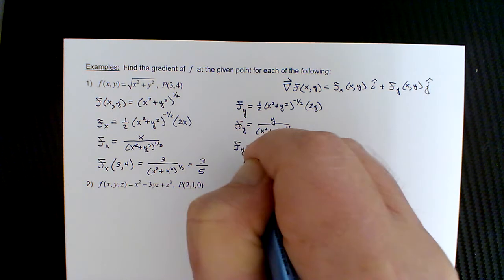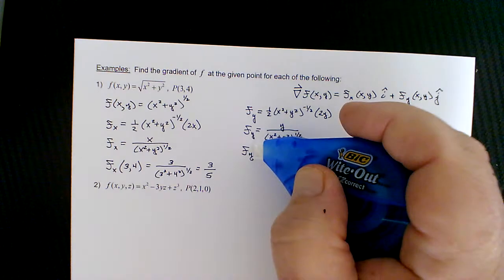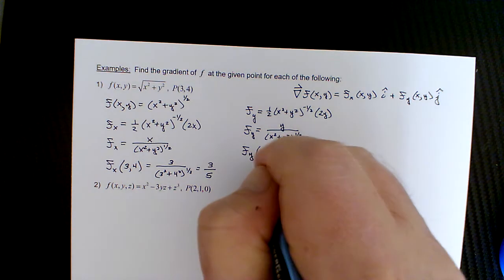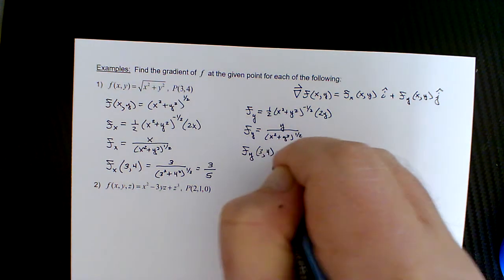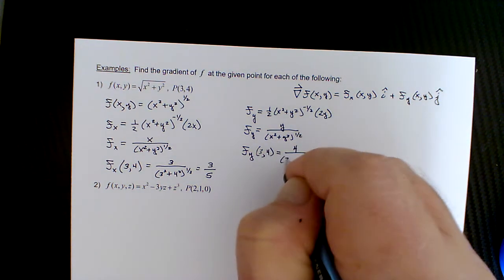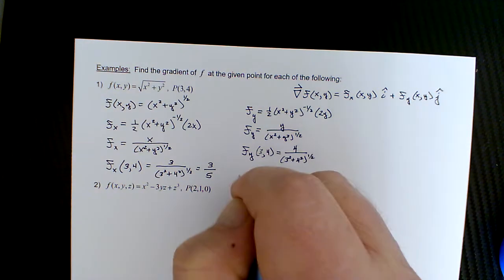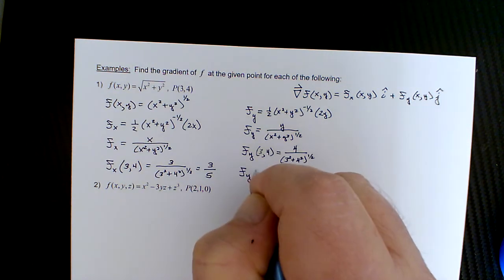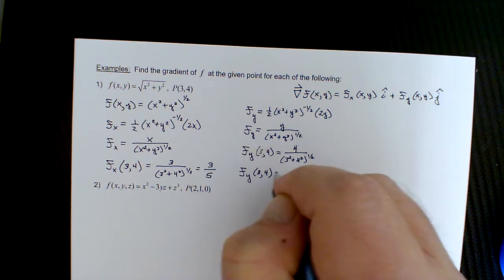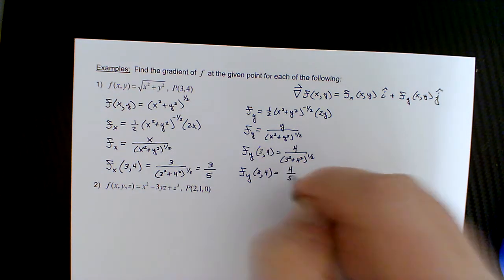Evaluate that at the point 3, 4. So now y is 4, x is 3, and we get that f sub y, the partial with respect to y at that point, is going to be 4/5.